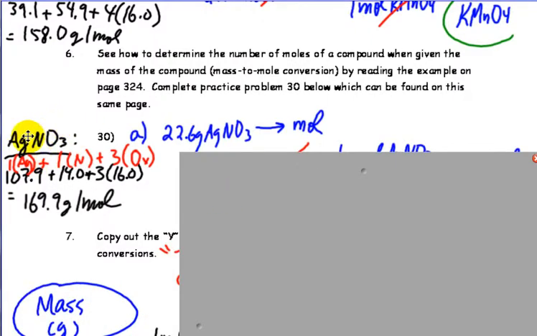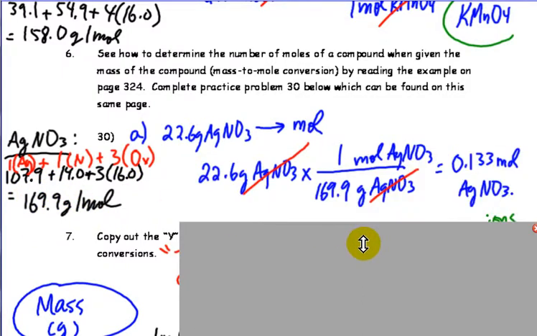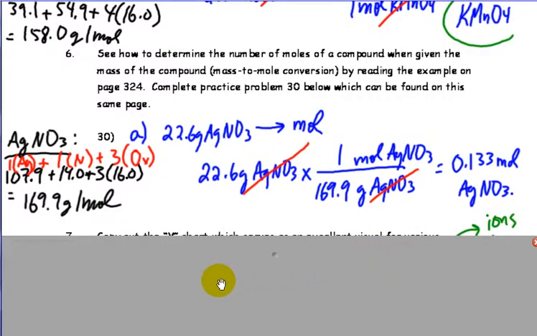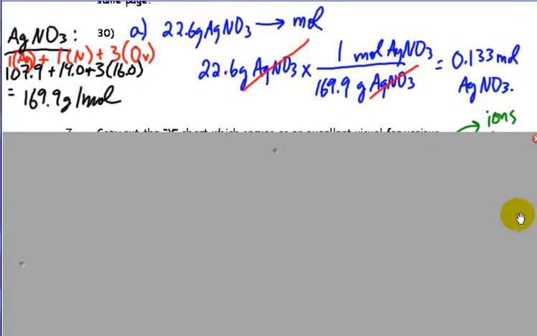For every 1 mole of silver nitrate, there's 1 mole of silver, 1 mole of nitrogen, 3 moles of oxygen. Adding those up, 169.9 grams per mole. So 22.6 multiplied by 1 divided by 169.9, 0.133 moles silver nitrate.